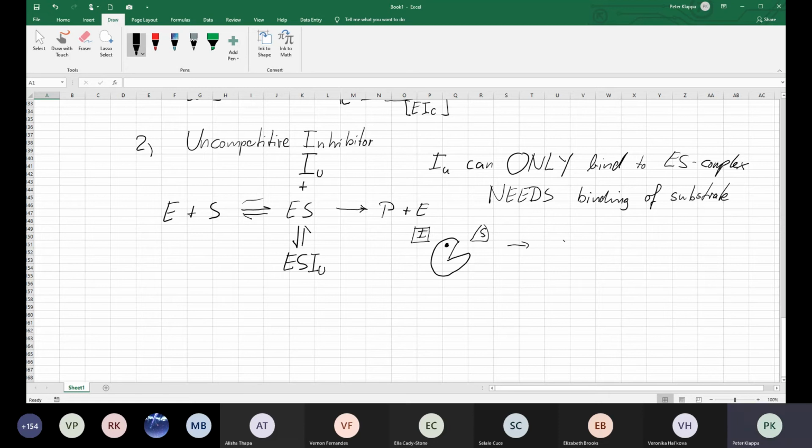Only when the enzyme has bound the substrate, a new binding site will open.